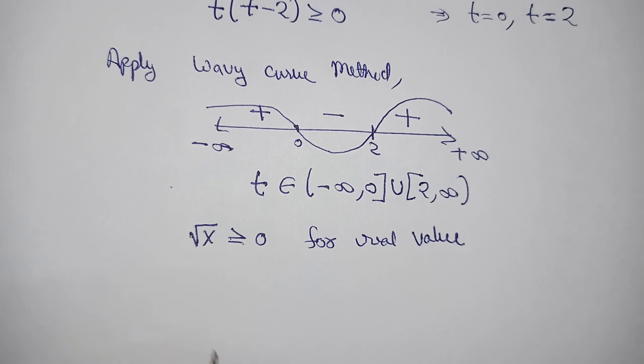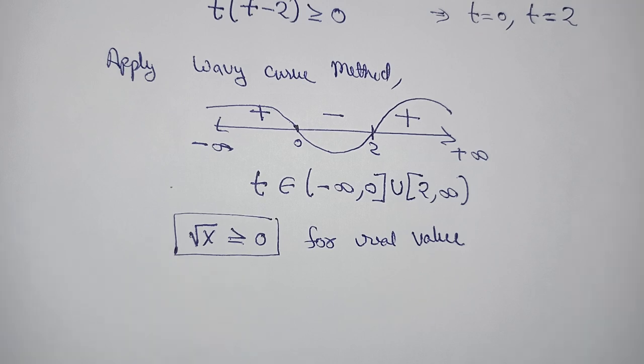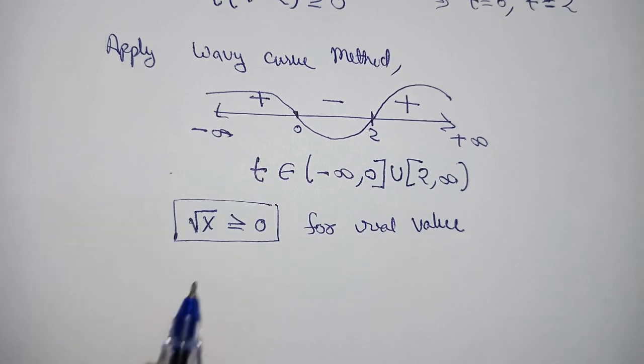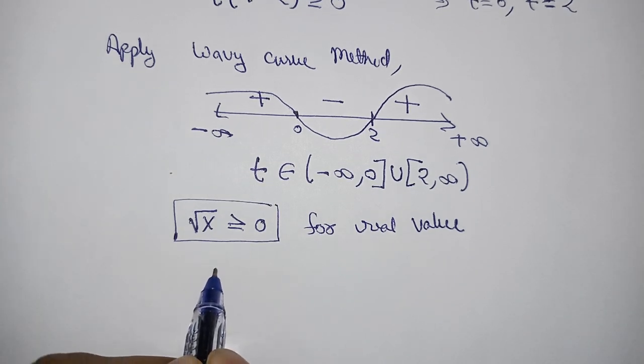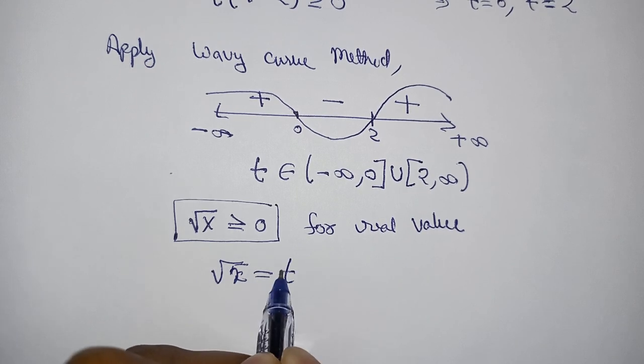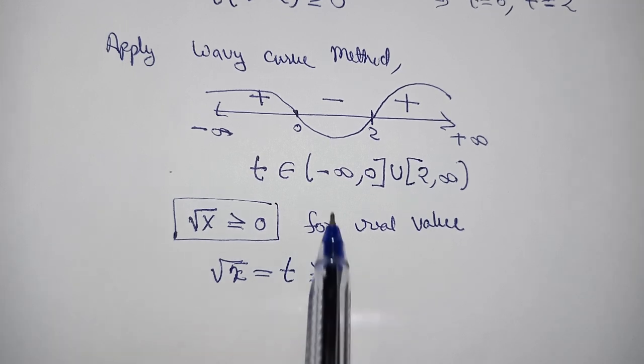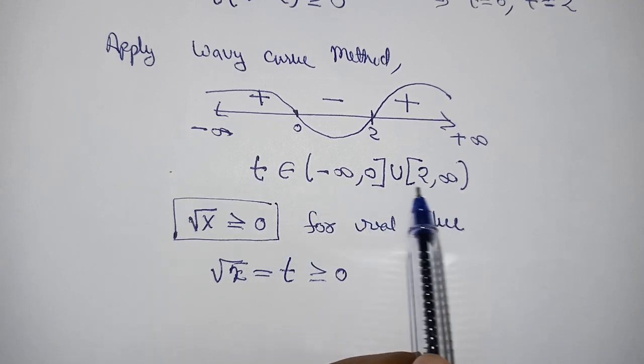So for real values, this condition always holds. So that means square root x, which equals t, must be greater than or equal to 0, correct? And here t is lying between these intervals.